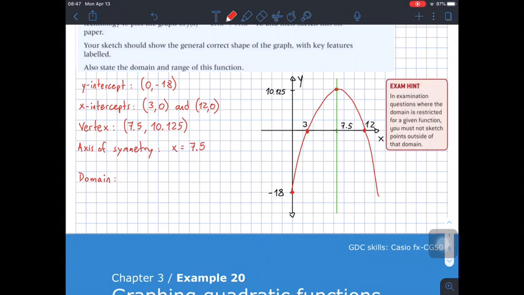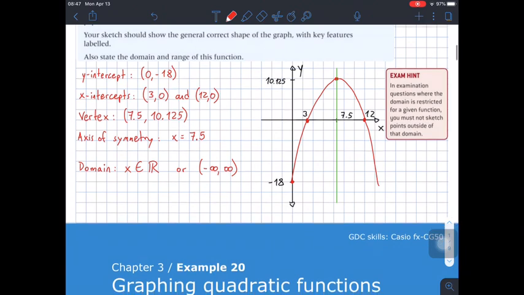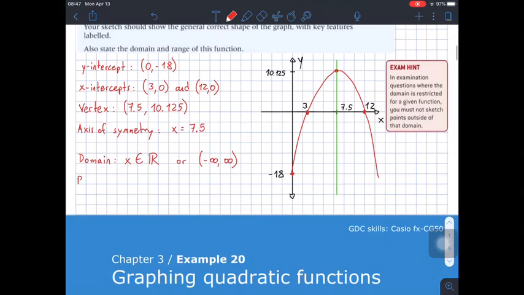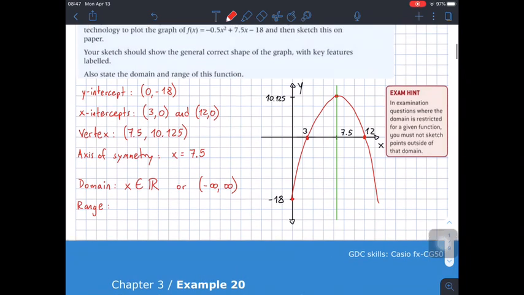So the domain is x belongs to all real numbers. That's the same as saying from -infinity to +infinity, right? And what about the range? In the case of a parabola that opens downward, remember that the range is from this maximum value we have here down to -infinity, right? This keeps on going downward.